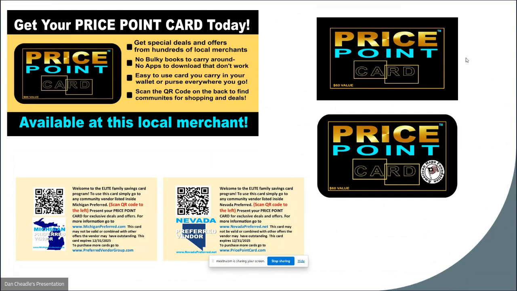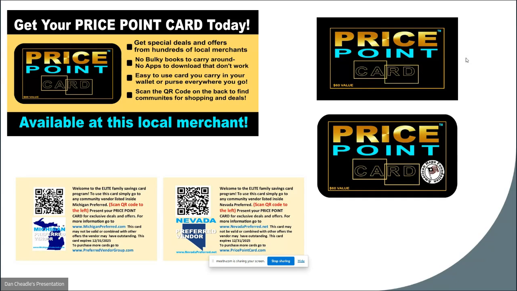We're also in other states that we're opening up: Georgia, Connecticut, Indiana, Illinois, California, and eventually we're going to open up South Carolina and Florida here real soon. And so as we open up these markets, they all have their own custom cards, their own QR codes that go to the state preferred vendor pages where you can find the communities from there.